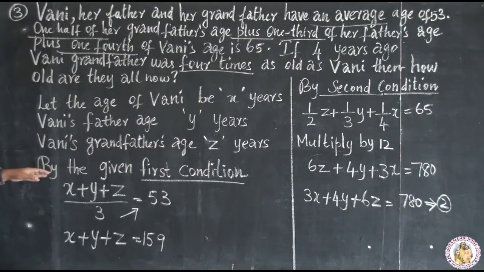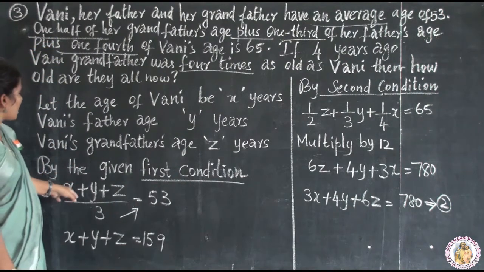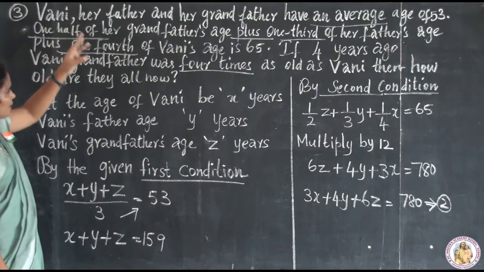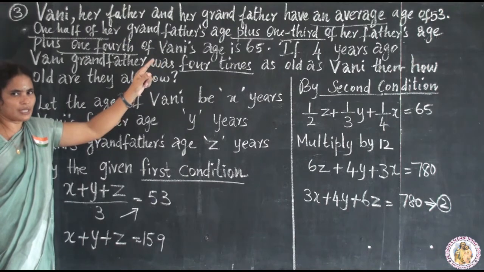Let us go with the first condition. The first condition is x plus y plus z is equal to 53. What is given there? Vani, her father and grandfather have an average age of 53.